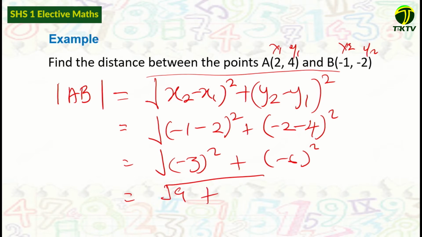And when you square -6, the result will be 36. So then your final answer for the length AB should be equal to the square root of, let's add 9 plus 36, which gives us 45 units. Please, you must always come with your units.